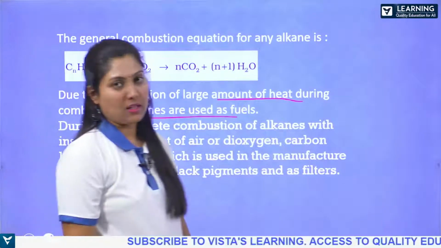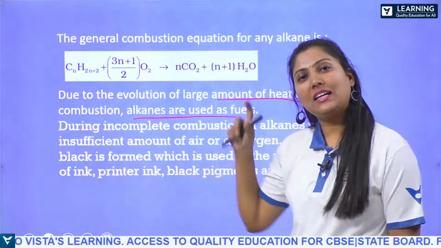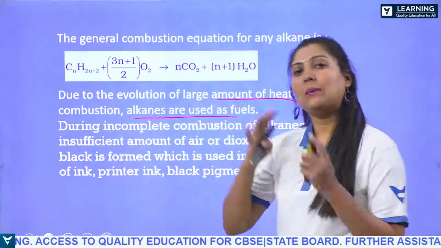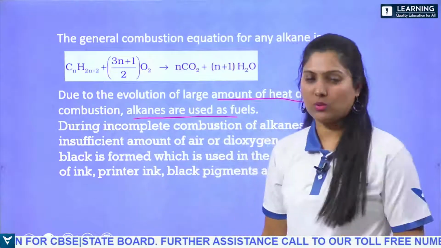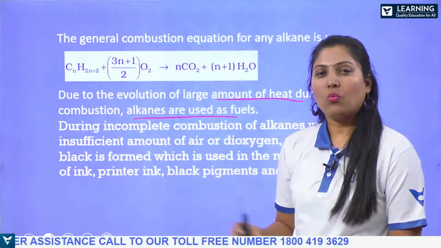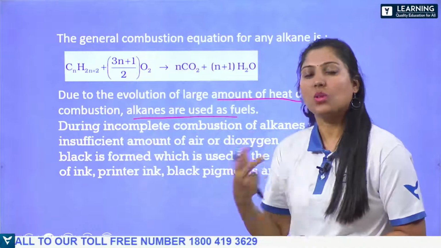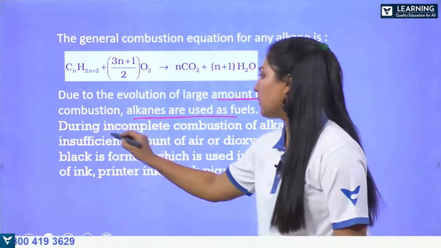During incomplete combustion, what happens? We were speaking about combustion. Under combustion, you have two types. One is complete combustion, where carbon is completely converted into carbon dioxide. Here we have incomplete combustion, where sufficient oxygen is not being provided. At that time, it undergoes incomplete combustion.